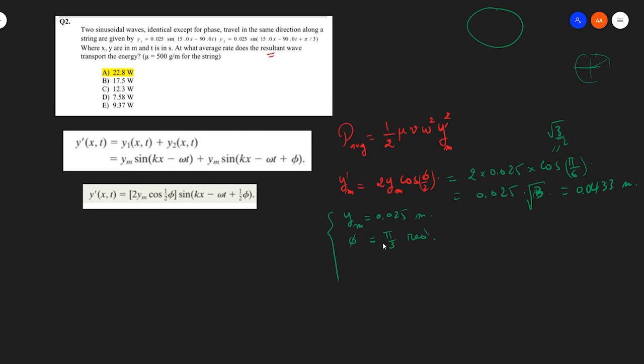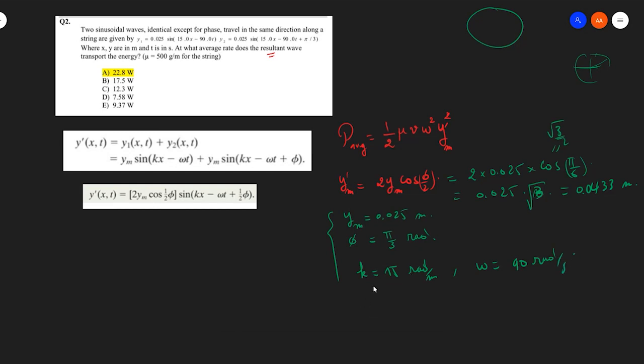So the velocity v. What we can extract from here, this is k. We have k, which is equal to 15 radian per meter. What else? We have omega, which is 90 radian per second.